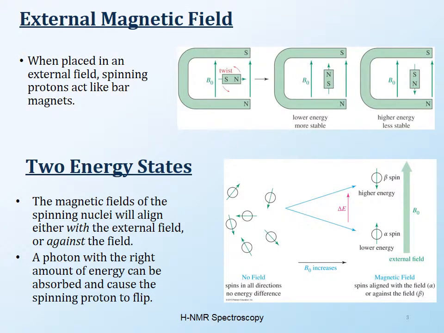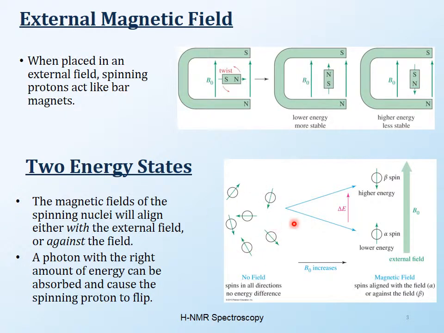So what happens to protons is if you provide them a magnetic field, they will align with the magnetic field or against the magnetic field. It is shown a little better in this figure. Here are your bunch of nuclei without any field, all random and haphazard, facing whichever way.